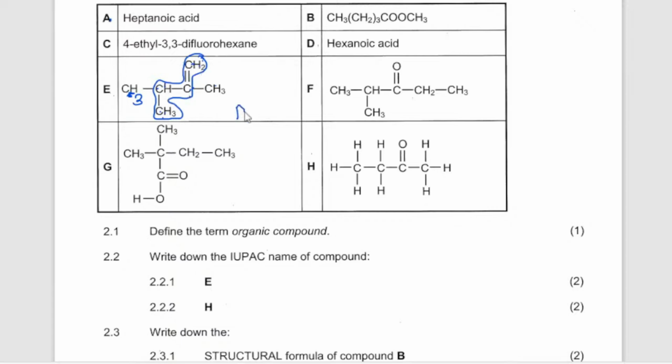So it's going to be but-, and because it has a double bond, it's but-ene. The double bond is on carbon atom number 1, so it's but-1-ene. Now I have this side group and this side group.